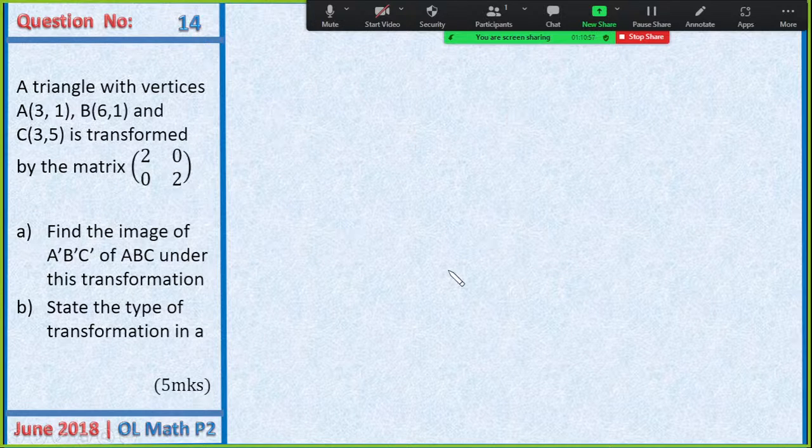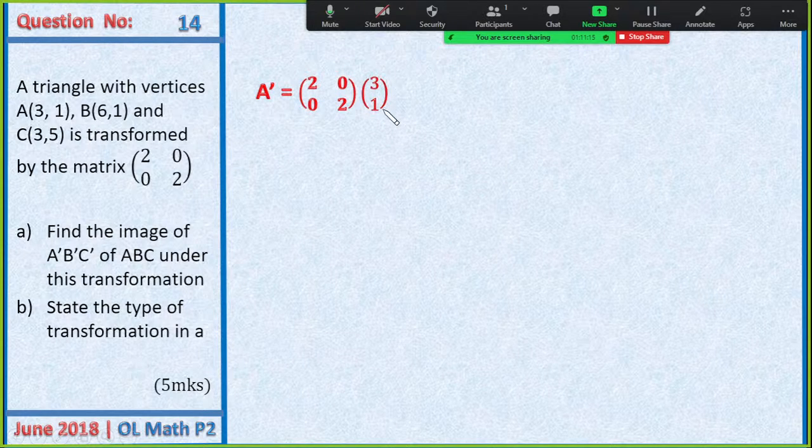Question 14. A triangle with vertices (3, 1), (6, 1), (3, 5) is transformed by this matrix. Find the image A', B', C' of ABC under this transformation. So just write the coordinates of the triangle in the form of column matrices. A' should be equal to this matrix times the first point.